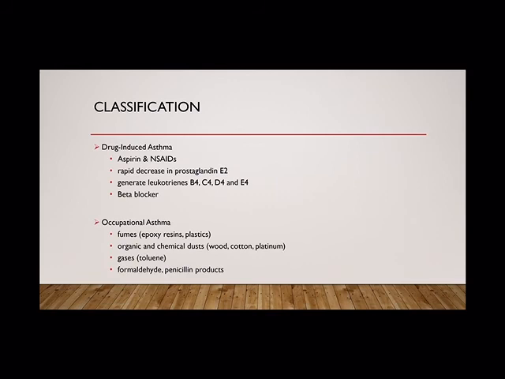And what is the pathogenesis? Either it can cause a hypersensitivity reaction, or in certain cases these things themselves can directly cause release of mediators. These mediators can lead on to bronchoconstriction.